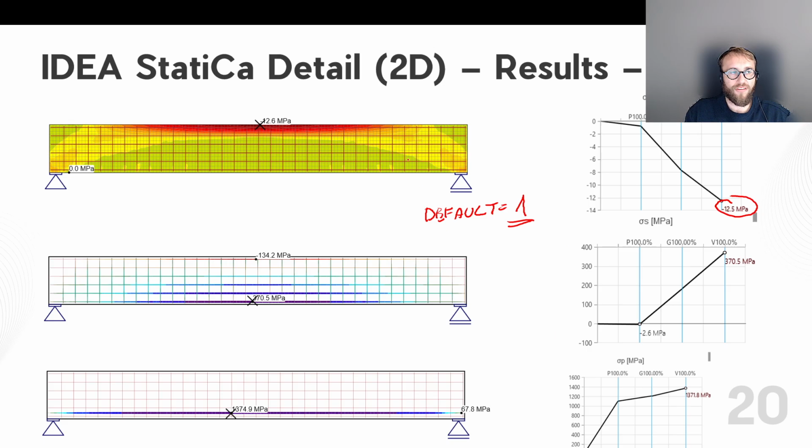If you decrease the default level to 0.5, the stress will increase from minus 2.5 to approximately minus 30 megapascal. So you'll be closer to the section solution, or to the RCS solution. But everything is dependent on the mesh size, so we highly recommend utilizing the default settings for standard cases.